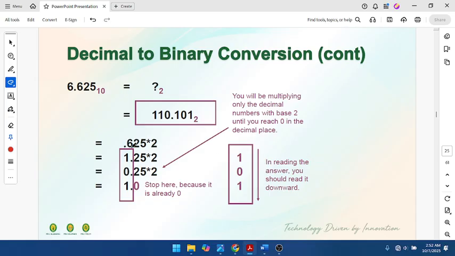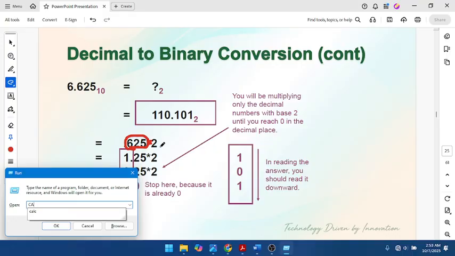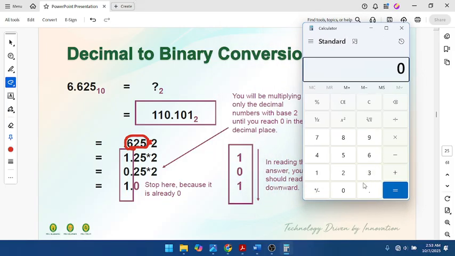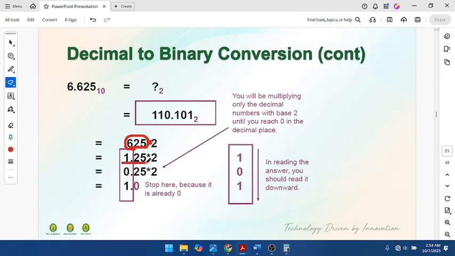So for the .625, times 2. So let's try 0.625 times 2. So we have 1.25.